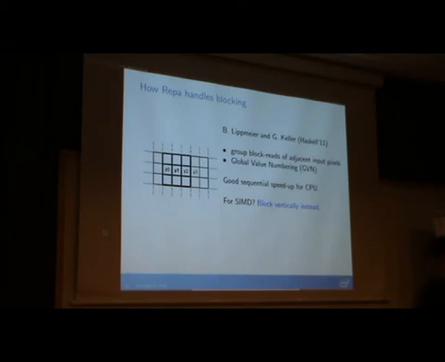So for SIMD, we did a very small change. We block vertically instead, then we can do sequential loads for the vector. But for GPUs, this is actually pretty disappointing. There's a huge slowdown. You can read the paper for detail. It turns out that if you don't do any block reads, it actually got faster.